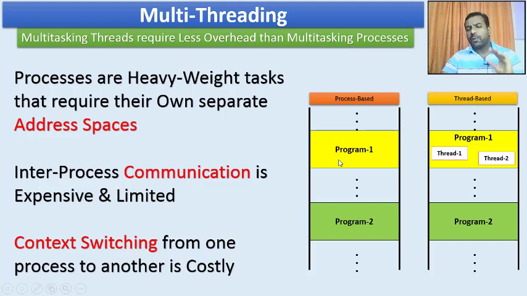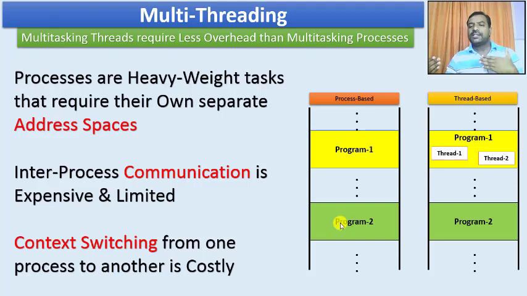Right now, program 1 is in execution, and program 2 is waiting to acquire the CPU to start its execution. That is where we talk about context switching. When program 1 has done its job, or somewhere in between it needs to do some other job like printing, it will go out of the CPU and start printing its document.